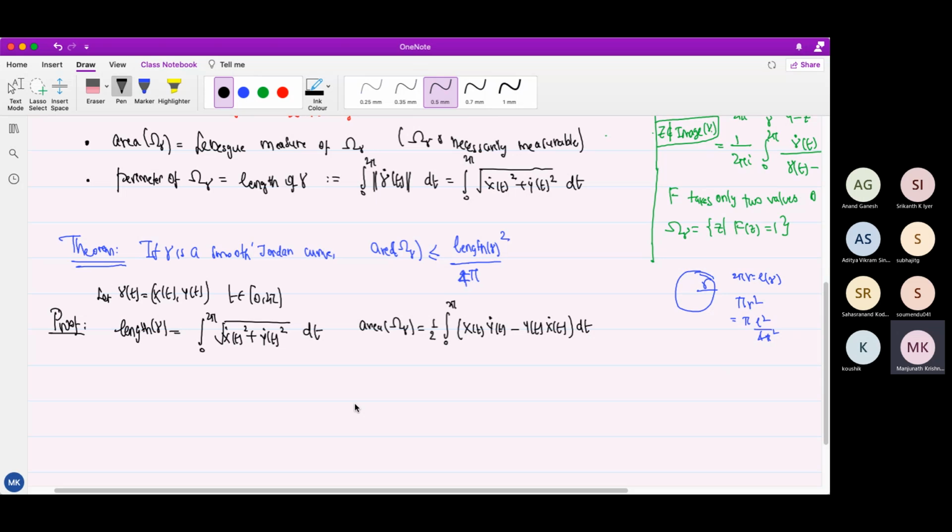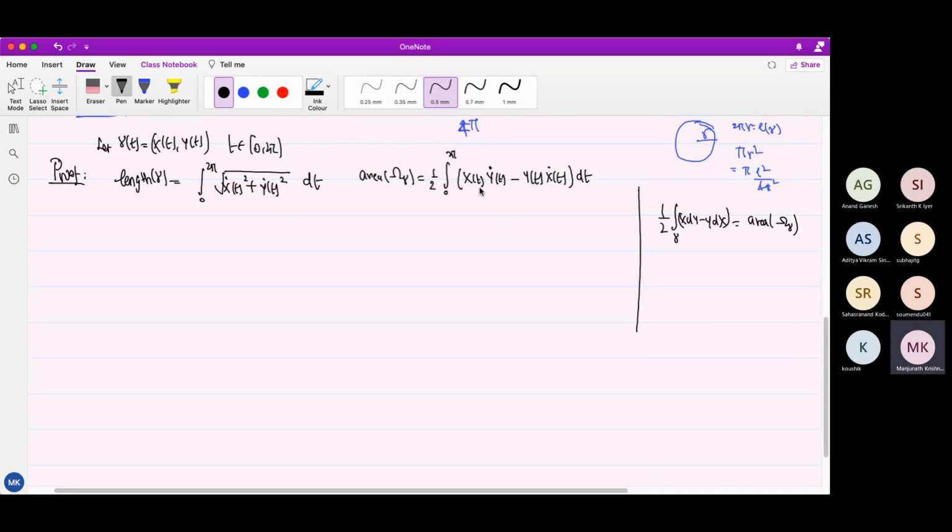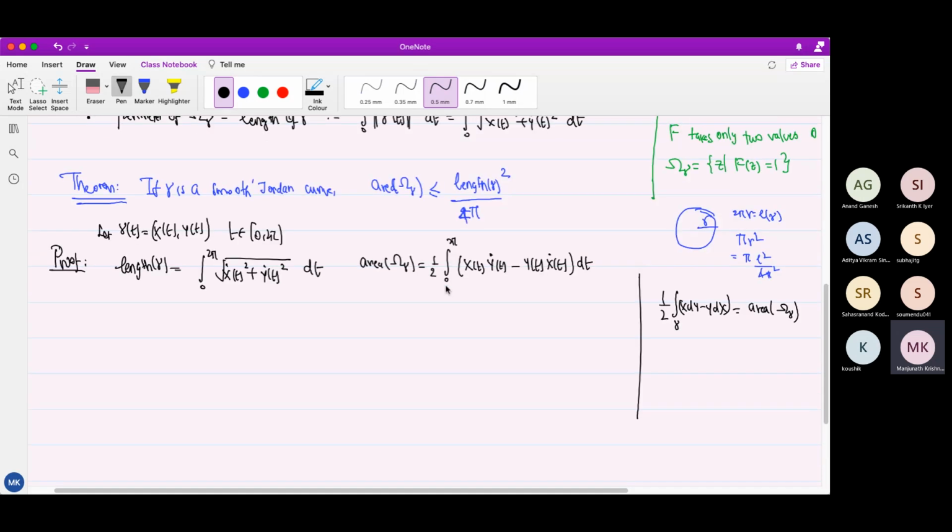If you have seen things like Green's theorem, you probably have seen this. Sometimes it's written in the form x dy minus y dx. 1/2 of that will give you the area of the enclosed region. This is the way it is written. Let me just give a very simple argument. Is there anybody who has not seen this formula for area?